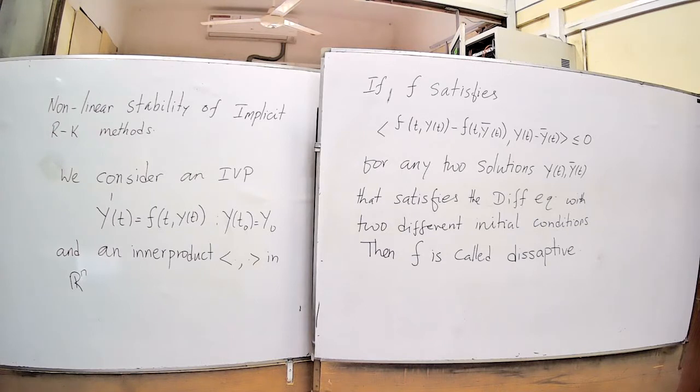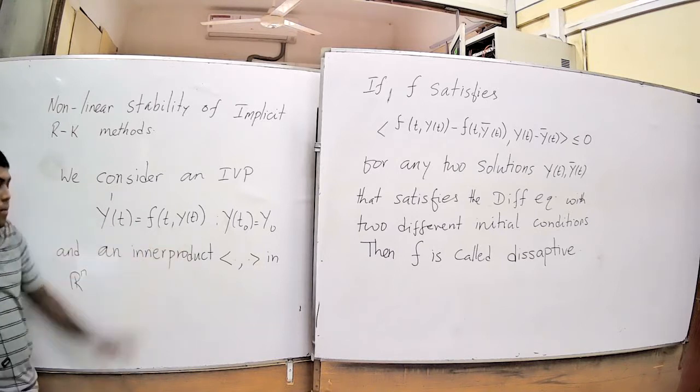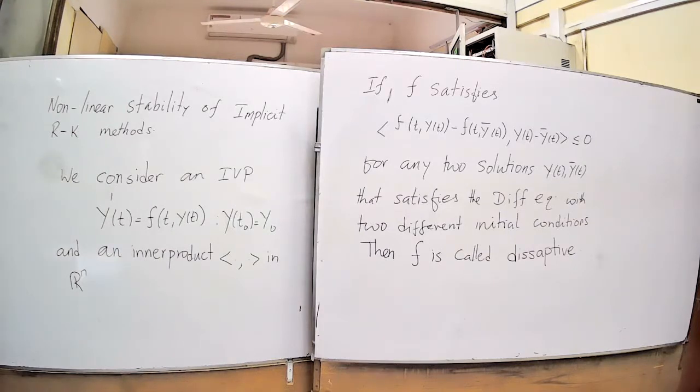So f is a dissipative function if, where f is the right hand side function of a given initial value problem, our standard initial value problem.